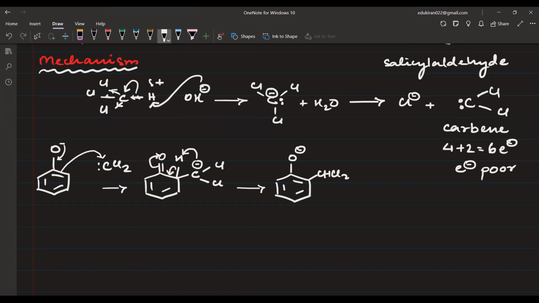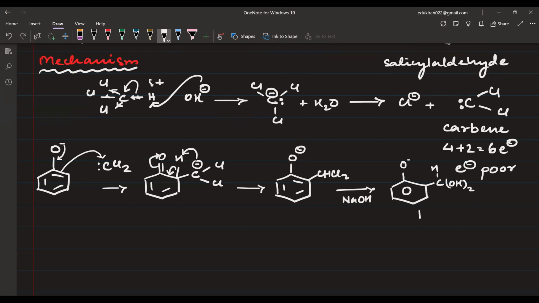Now, once it is formed, the further reactions are very easy. In the presence of NaOH, we can directly write the presence of NaOH. Both these chlorine atoms will be substituted. They will be replaced by C, with H here, and OH twice.